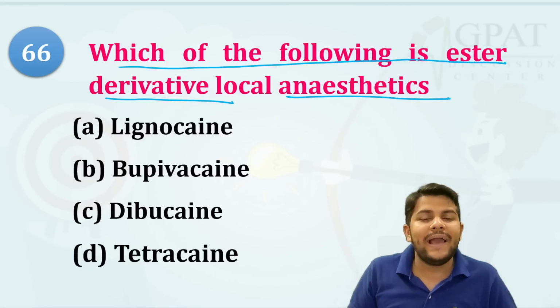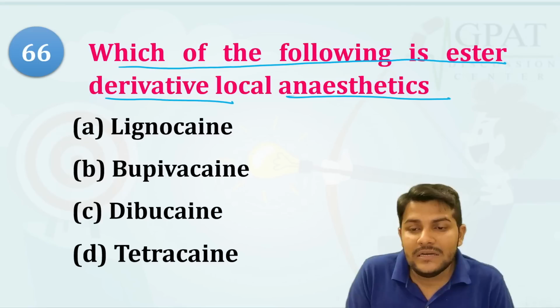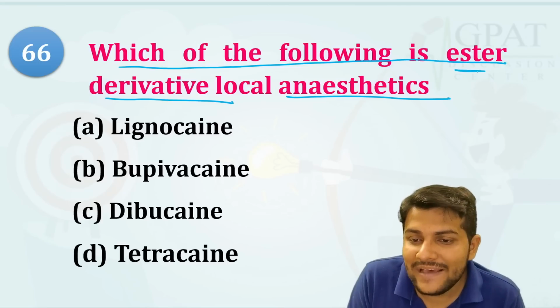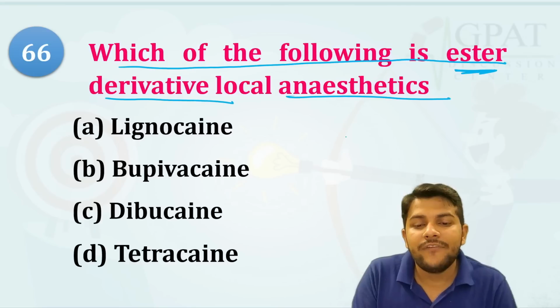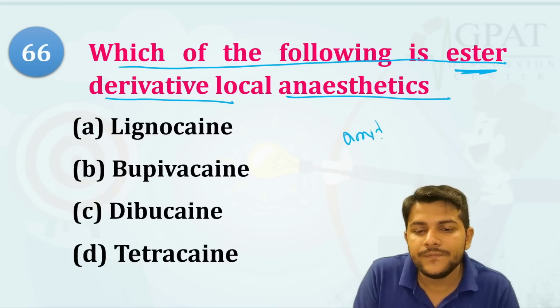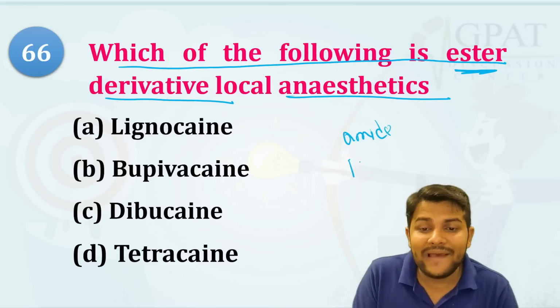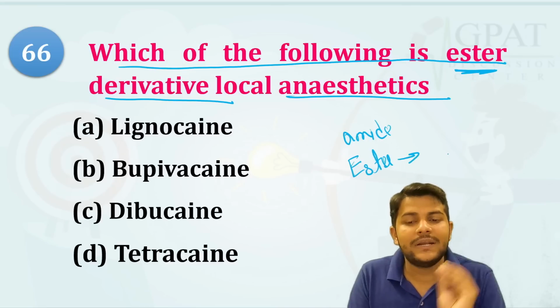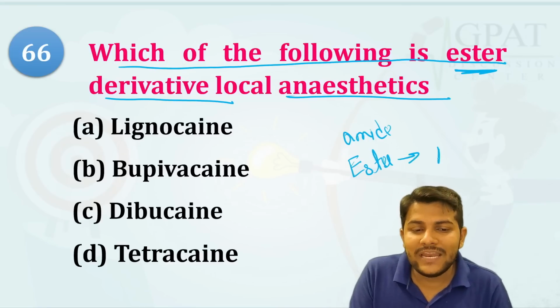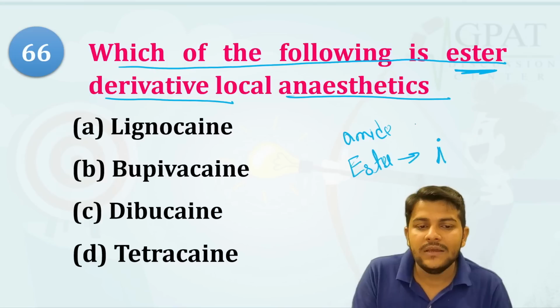Bupivacaine also contains two I's, so it is also amide. Dibucaine also contains two, so it is also an amide derivative. Only tetracaine among these four options contains one I in its drug name, so it is the ester drug group.